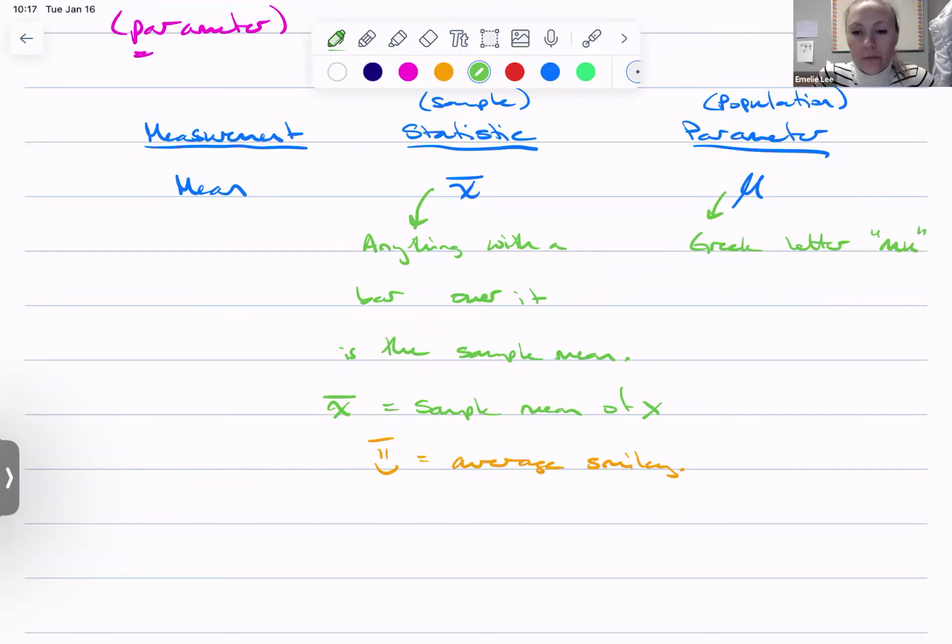Okay? And just to kind of show you how to draw it. This was not a very good version, but it's kind of like a fancy M. Okay, and so you start low and then you make a little U. But if you prefer, you can just write MU, and that's totally fine, especially if you're typing, right?